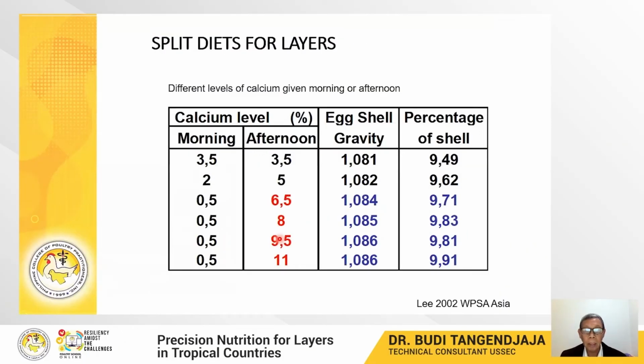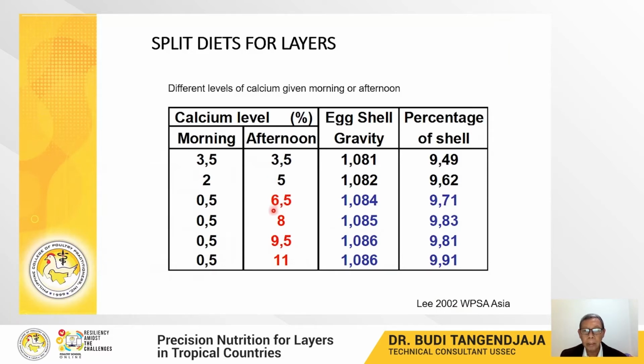Another interesting result is reported on split feeding for layers. This is a study report by a Korean researcher: because the requirement of calcium is different between morning and afternoon, they developed different feed for the morning and the afternoon. In the morning feed, we can reduce the calcium to 0.5%, while in the afternoon, we can increase the calcium in the feed to become very high.